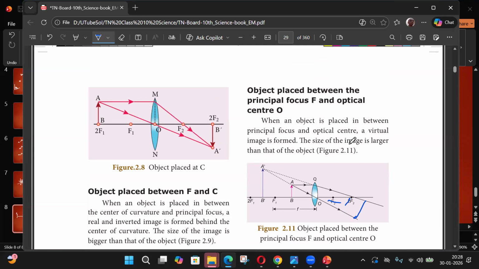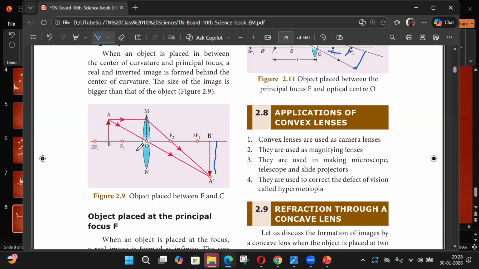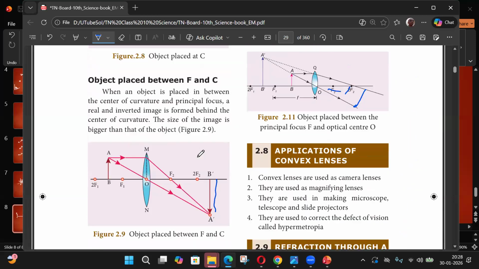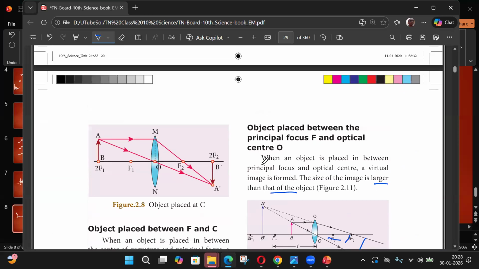But the image size will be larger. Okay. Large. The converting images, sir? No, erect image. All these refracted images are inverted. Here an image will not form, but here it's a virtual image, but it's enlarged.